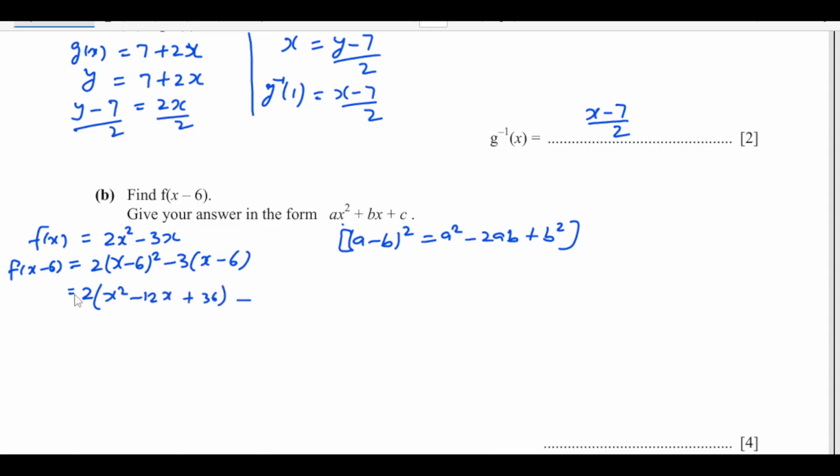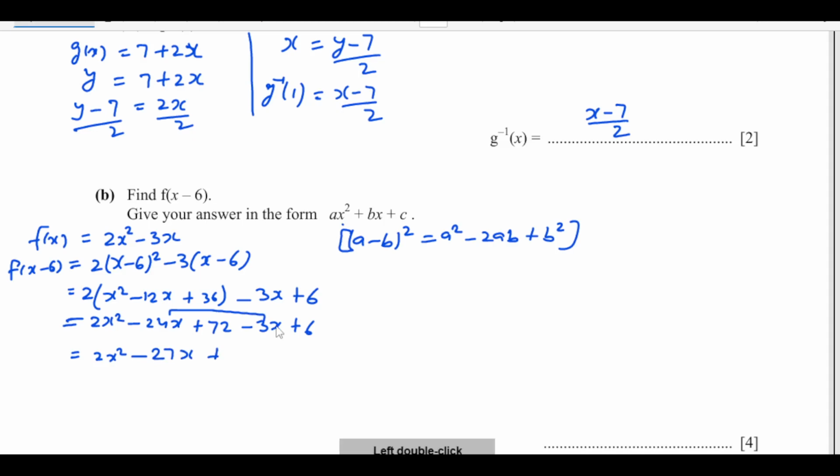Then minus, expand this one, 3 times (x minus 6). Expanding this bracket, 2x squared minus 24x plus 72 minus 3x plus 18.